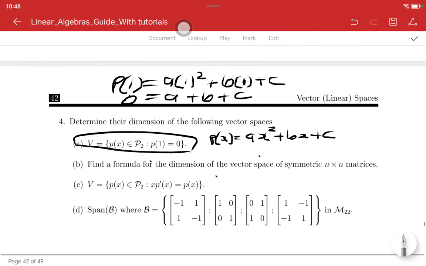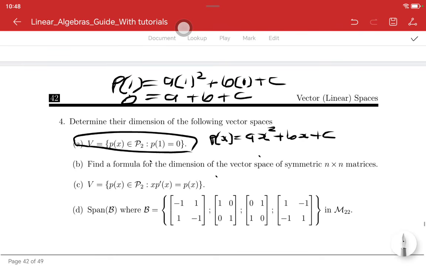Do you agree? Then from here, can't we express one vector as a linear combination of the other ones? We can, right? Do you agree, guys?